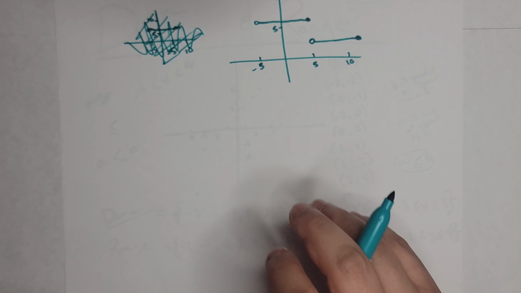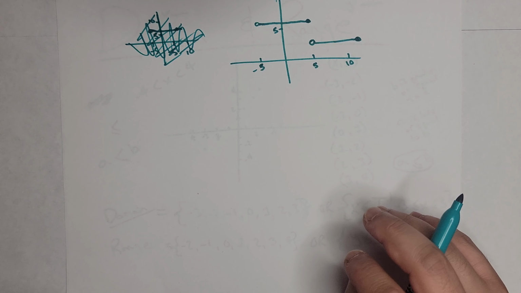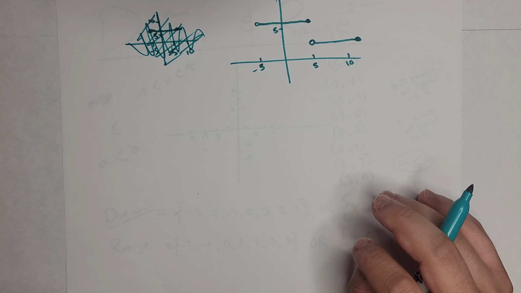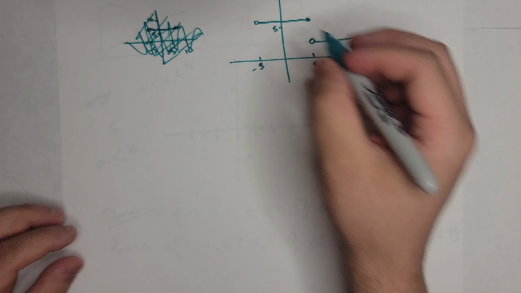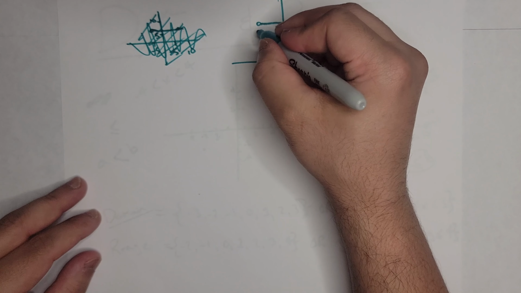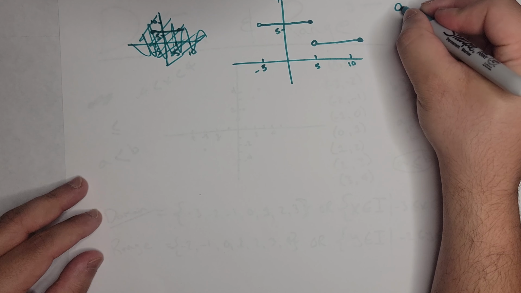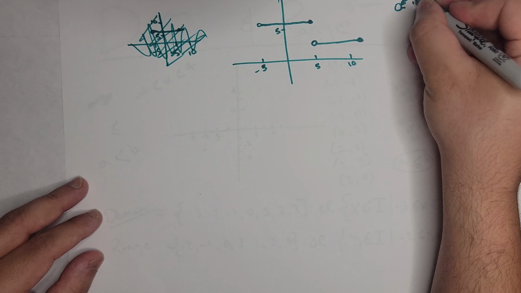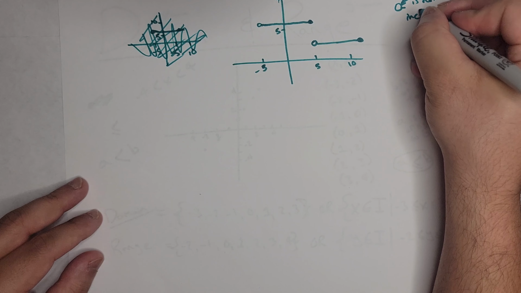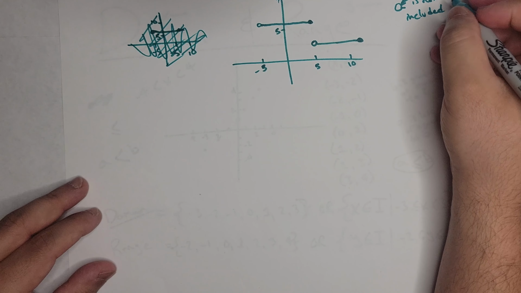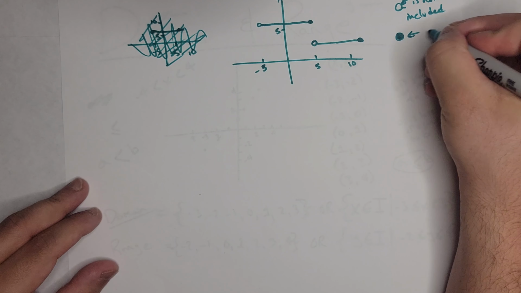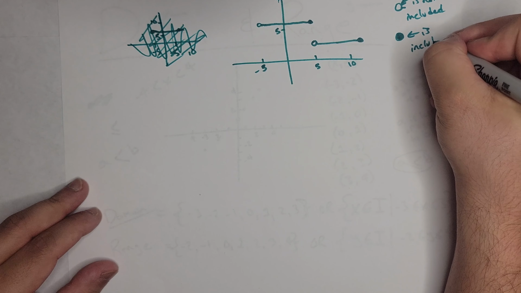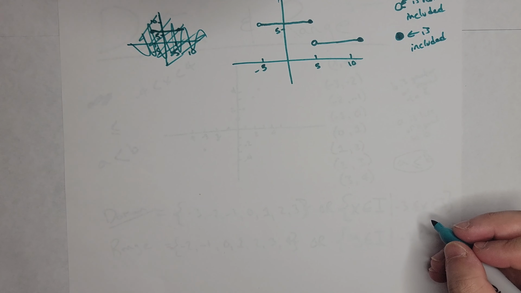Okay, now that we have this, let's look at the domain and range for this function. One thing that I want to point out is that when you have an open point like this, it means this point is not included, but a closed point is included.